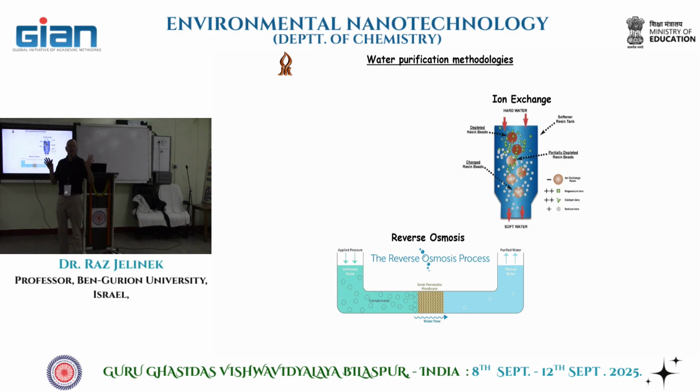Now, there are a lot of water purification technologies these days. People use what's called reverse osmosis. There are membranes here that when you pass the water, you clean the water, very nice. There is ion exchange, something that you use in your labs. When you want to clean water, you pass the water through a big column. That's how you clean the water.